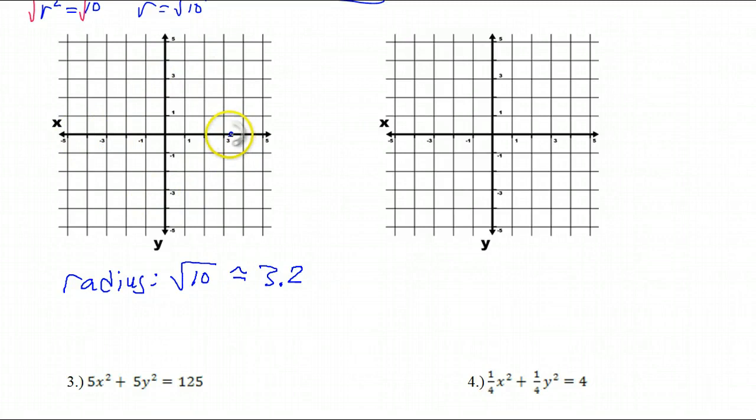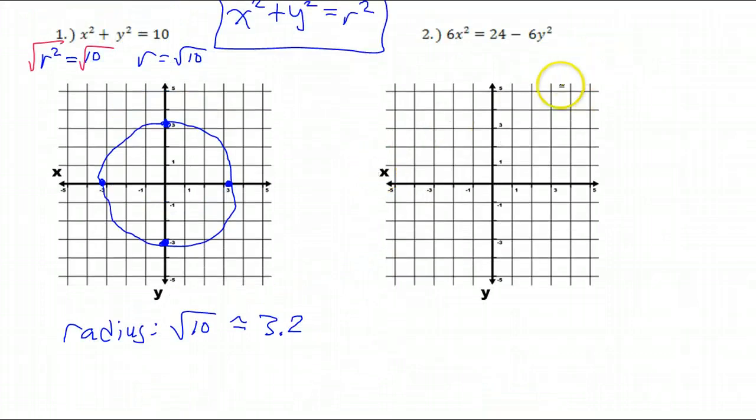So it should be around here, just a little bit. Maybe I might have even gone too far. Alright, 3.2 is just a little bit beyond 3 in all directions. Then you do your best to draw your circle from there. Alright, that's the idea.